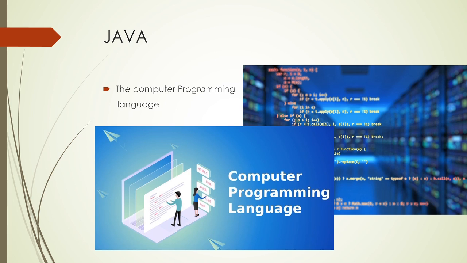So first of all, we should know what is a computer programming language. As you people know, to communicate with people, your friends or your parents or your uncles or anyone, while communicating you are using a language that may be English, Hindi or Odia or any other languages.